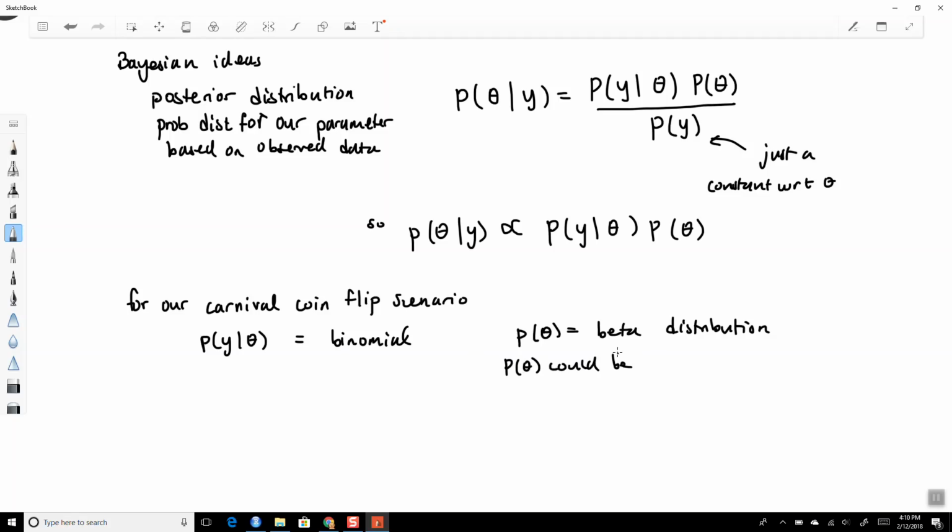So I think on Friday we went through just like if theta, our prior distribution said there were only two possible coins in the world. Here we're going to say it's the beta distribution, but it could be any distribution, but using the conjugate prior gives us nice properties.